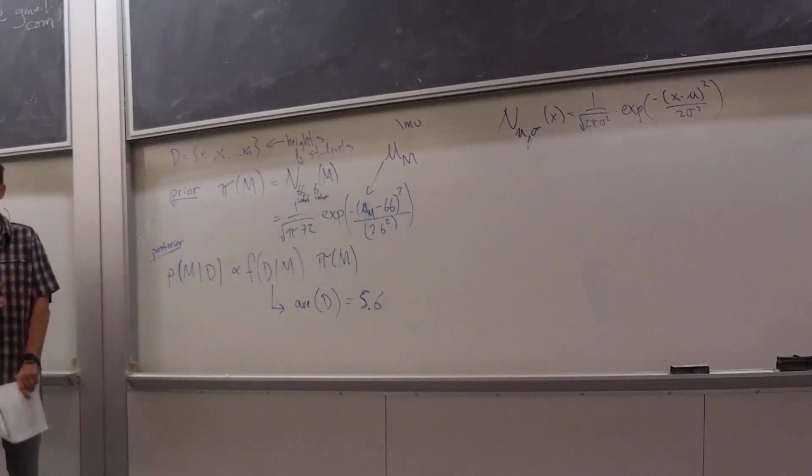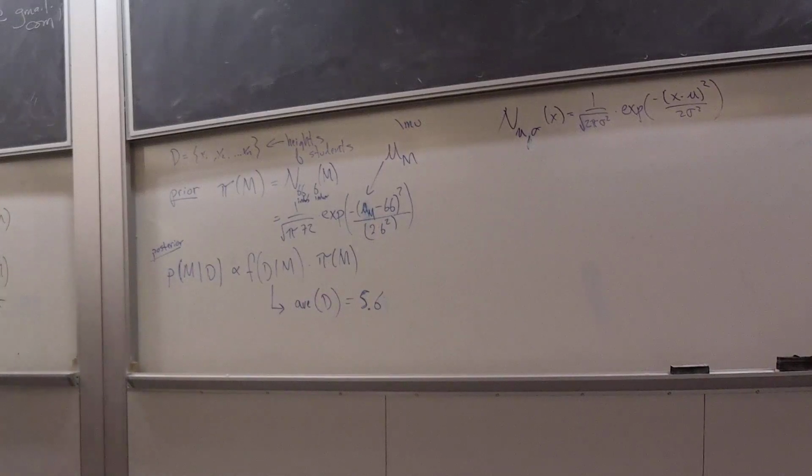So I think the data I gave you last week, if I took the average of that, I get back something like 5.6. What should you do before you do any more calculations? Just looking at this.